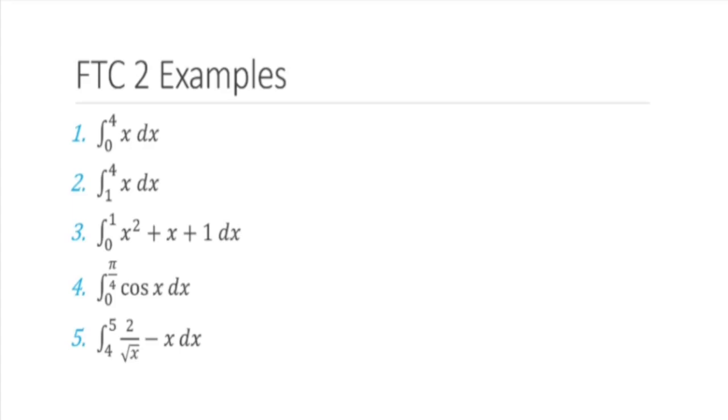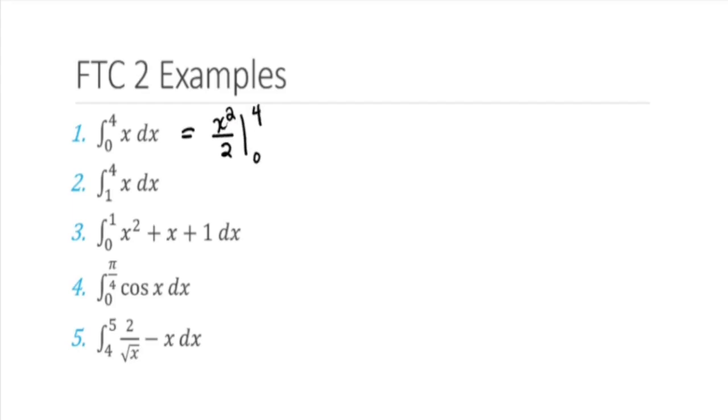If we have the integral from 0 to 4 of x dx, we can simply use FTC2. We identify a as 0 and b as 4. Then we can just use the power rule here. So, x squared over 2. We evaluate this from 0 to 4.